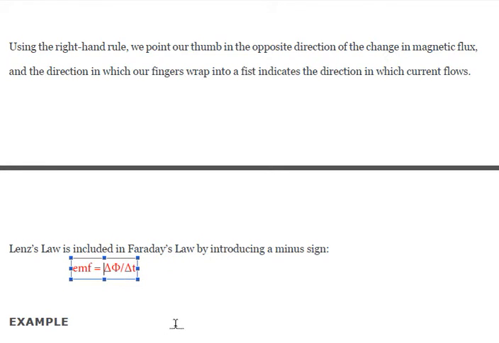So this was Faraday's law, and induced EMF is equal to change in flux over time. So the little change that we're going to make is right there. We're just going to throw in this minus sign. So Lenz's law looks almost identical, except it's negative. So Lenz's law will take direction into consideration when you're using it there.